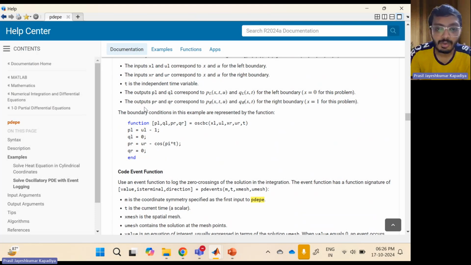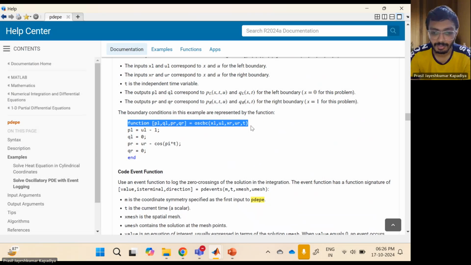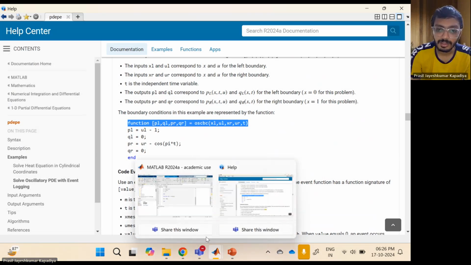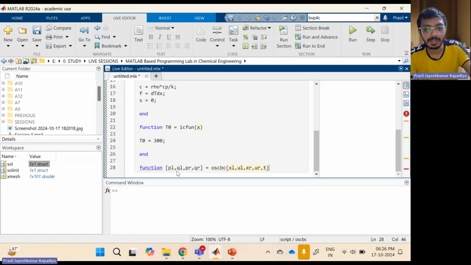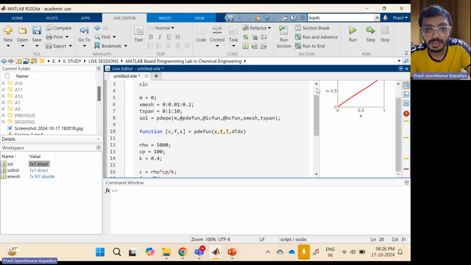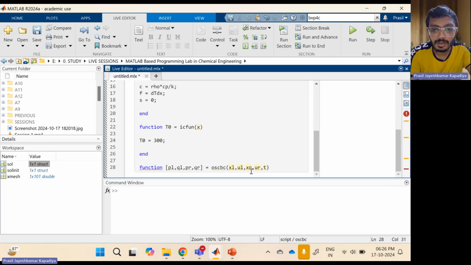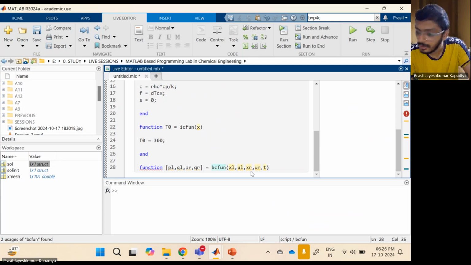So the function [PL, QL, PR, QR] is equal to, what is the name of my function? It is BC fun, boundary condition function: XL, TL, XR, TR, and my time.